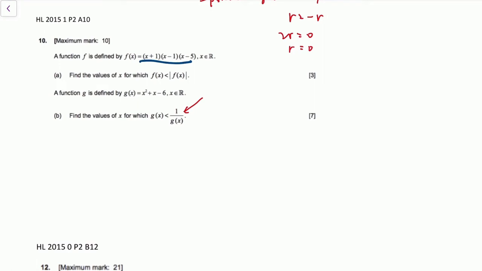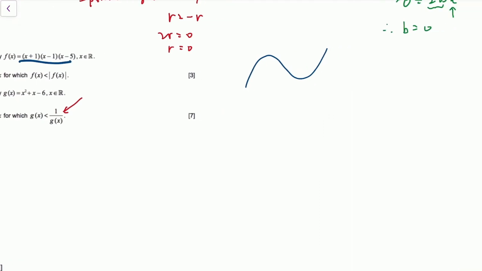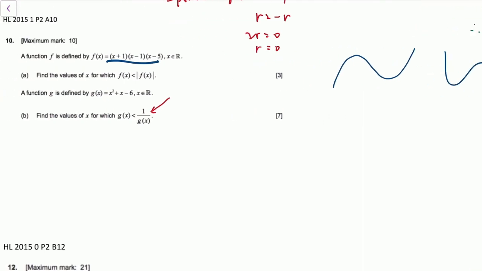I guess it's kind of background knowledge that you should know cubics look like this if the coefficient of x cubed is positive; if it's negative, go the other way. They give it to you in factored form, so they're basically telling you the x-intercepts to be minus 1, 1, and 5.